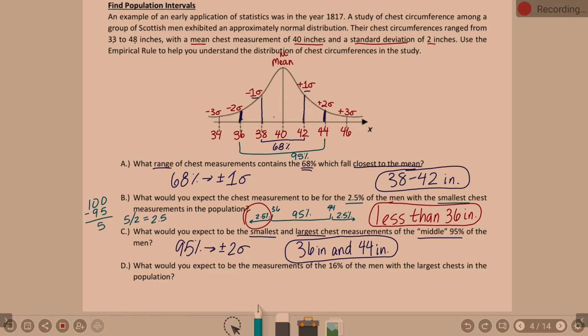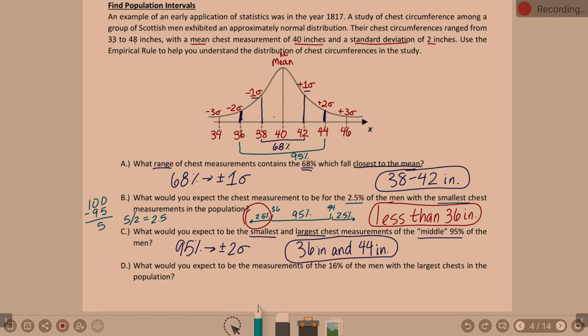Go back to B with me for a moment. On B, we were looking for 2.5%. 2.5%, if we work backwards, was half of 5%. 5% was the extra when you took out the middle 95%. Now, if we treat this one the same way, 16% is the top. We're looking for the largest, right?